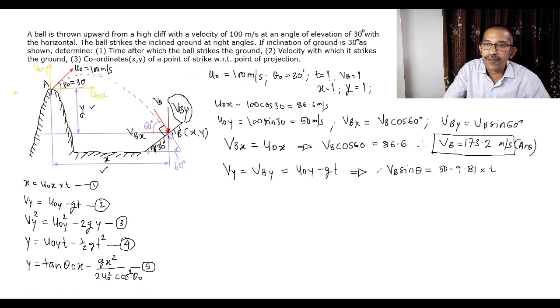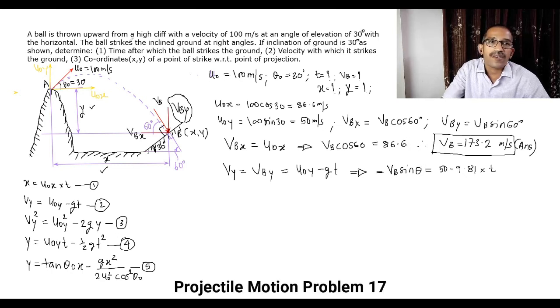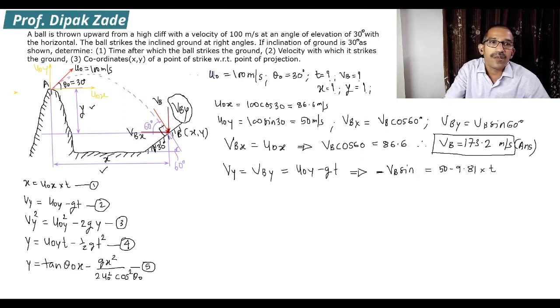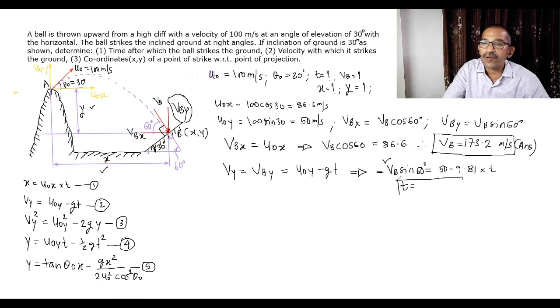That means this must be negative. So we write minus VB sin 60. The angle is known, and VB is also known. Solving this, easily t is possible. If we substitute VB, we'll find t, and using a calculator this t comes out to be 20.39 seconds.